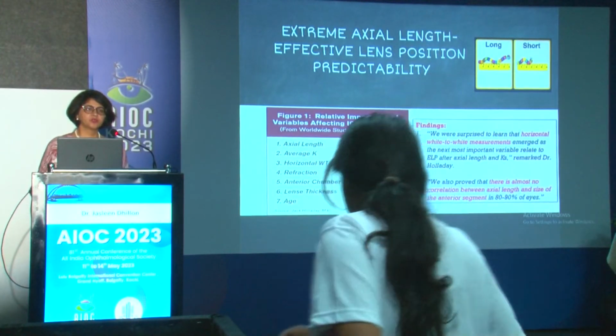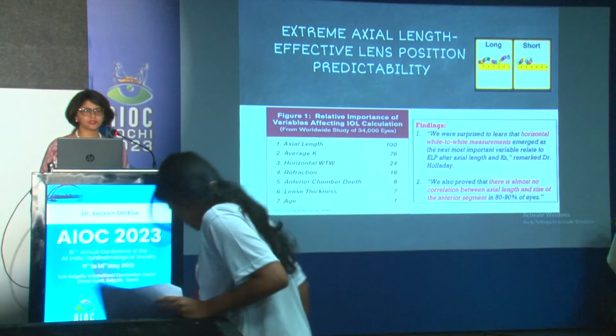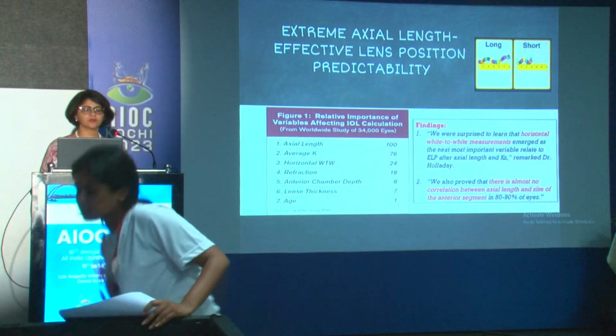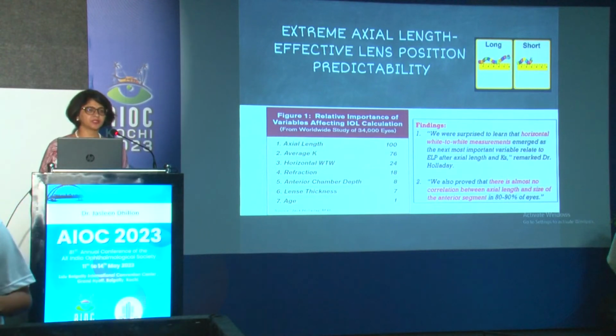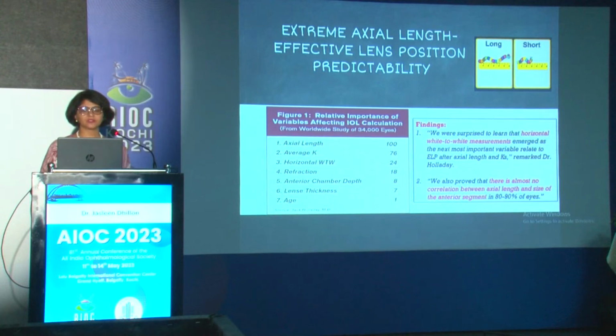The newer IOL formulae have really helped in these eyes, particularly because in addition to the axial length and the average K, there are a lot of other parameters that are being taken into consideration. And the most important out of them is the white to white horizontal measurement.